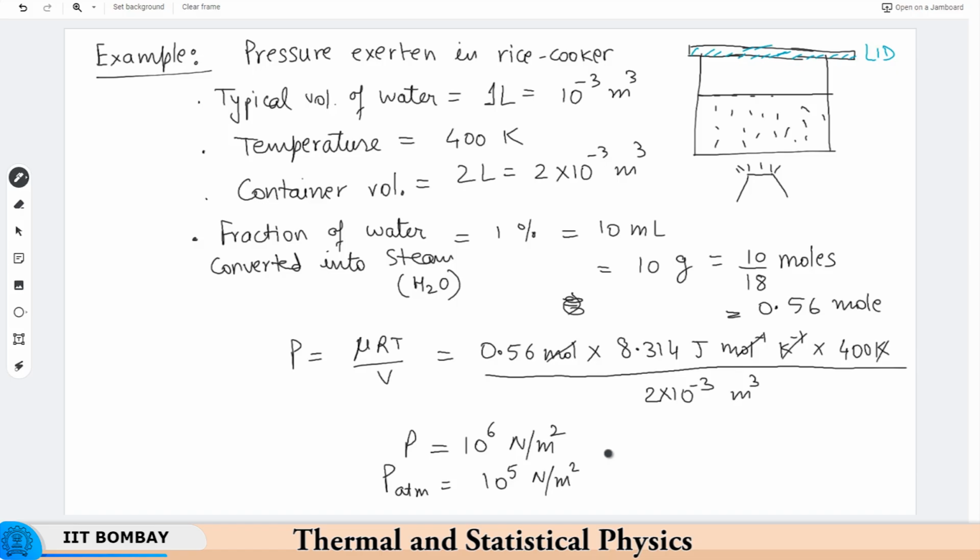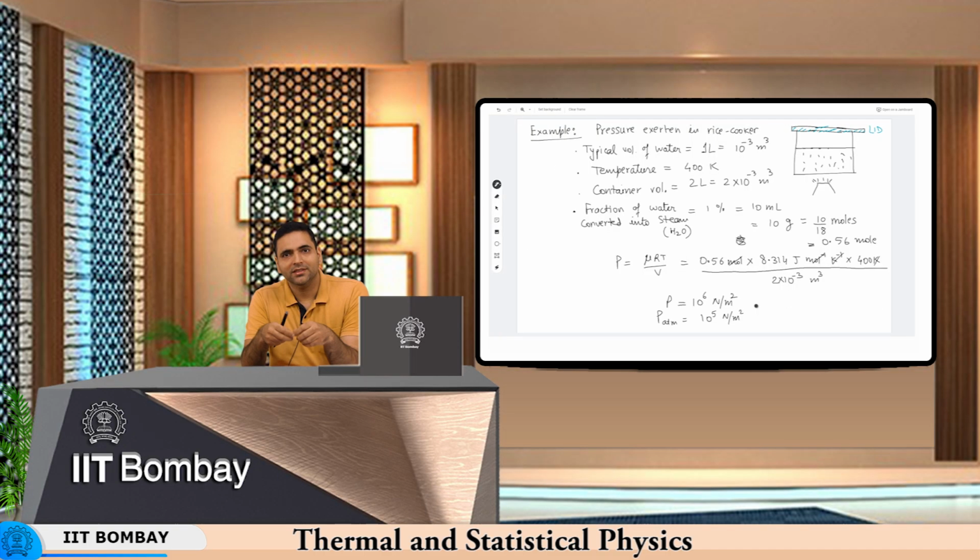So if you are cooking rice or any dal, lentils or vegetables, when you heat up the water, enough pressure is created that either the whistle goes up or the lid just comes off. I hope this gives you some perspective of numbers for simple experiments that happen in your kitchen all the time.